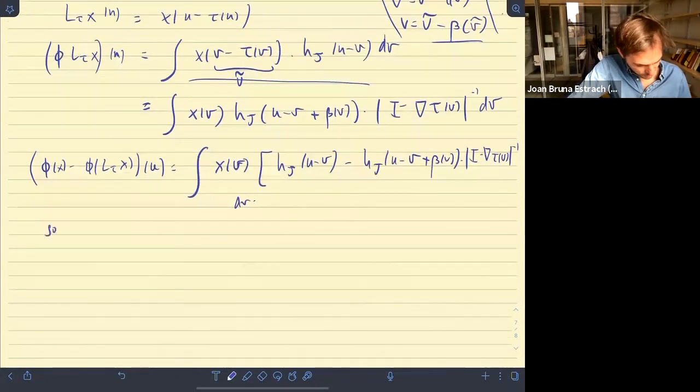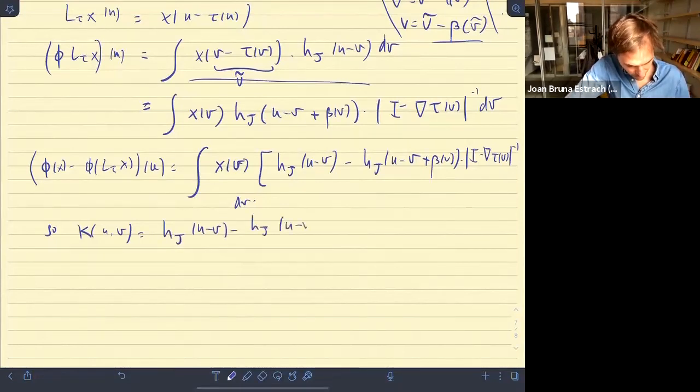So in other words, the kernel of the operator is just hj of u minus b minus fj of u minus b plus beta of b, times this term.